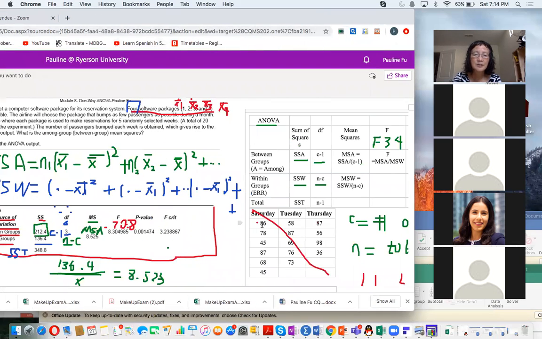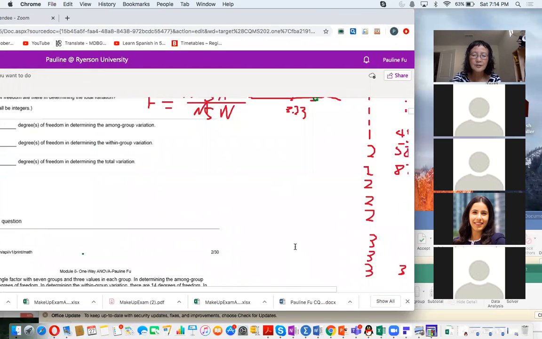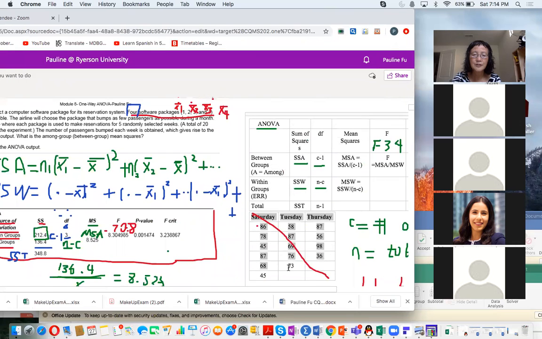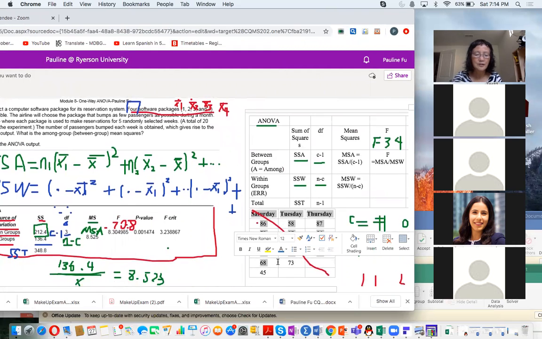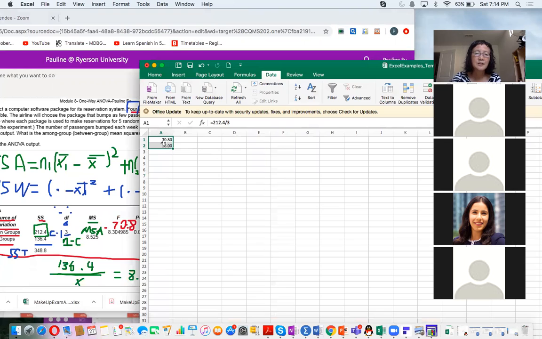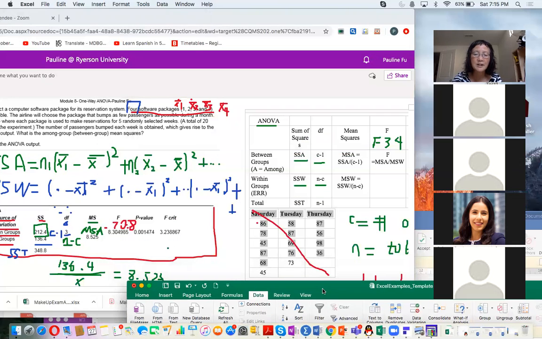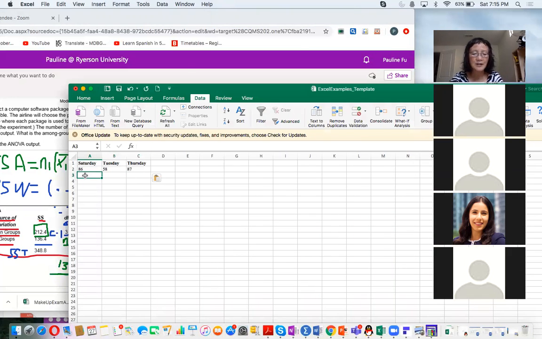Okay, Control C. Never mind, I can make up some data.